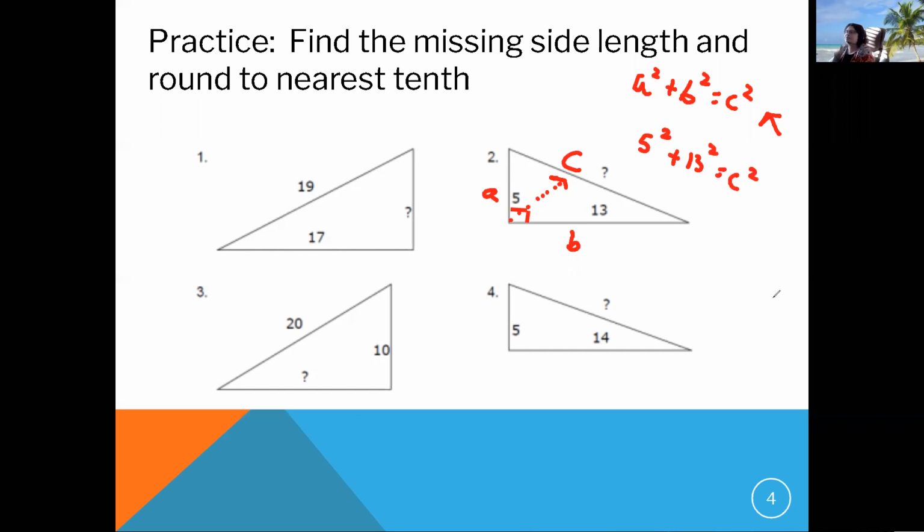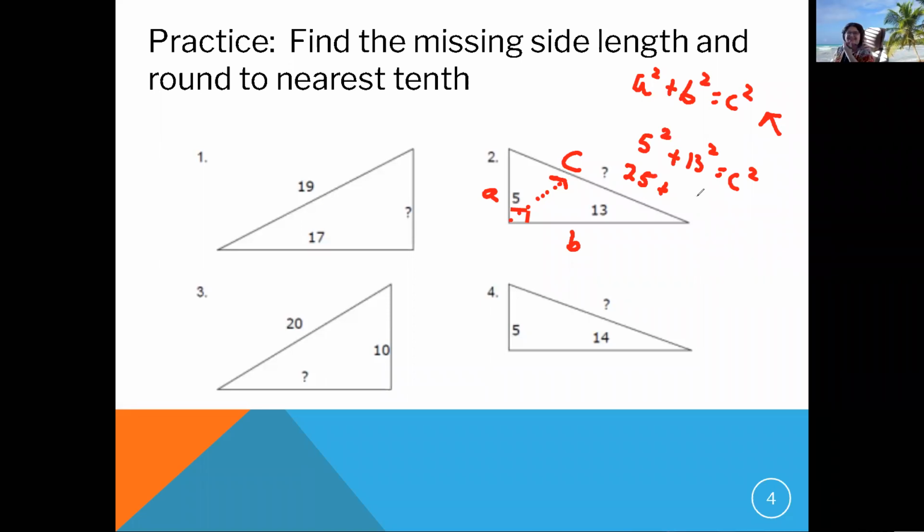So this is the first set of notes. Because see how I have them on the exact same side of the equal sign? So I'm going to add the squares. What's 5 squared? 25. What is 13 squared? You gotta use a calculator.